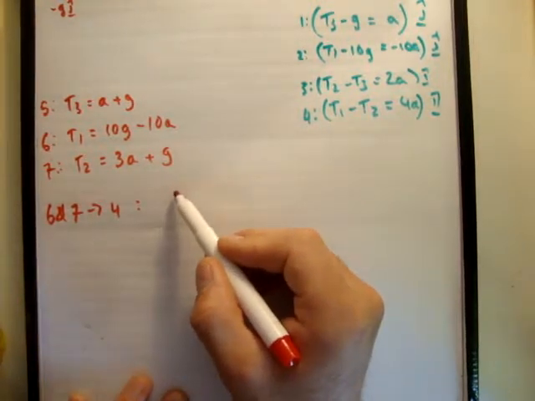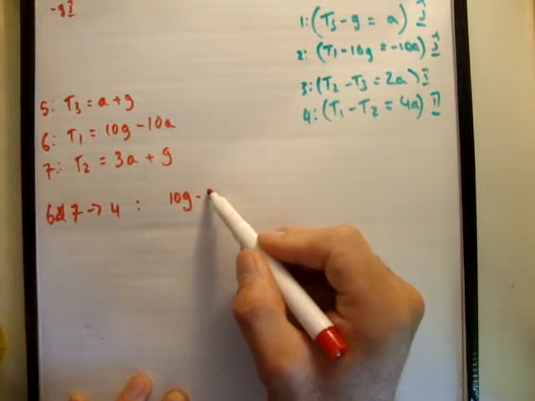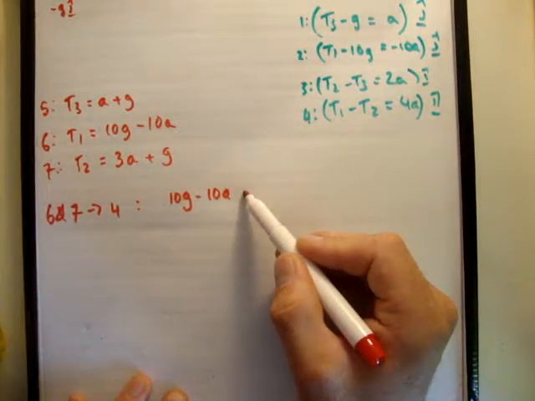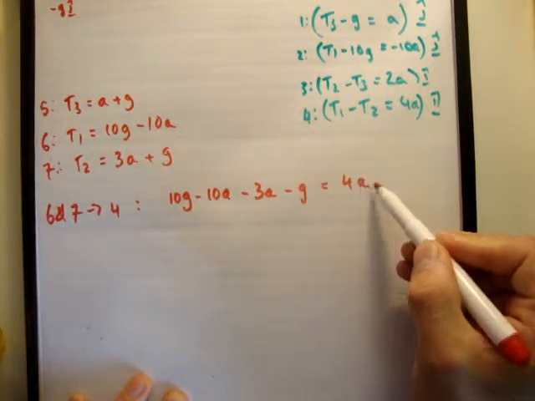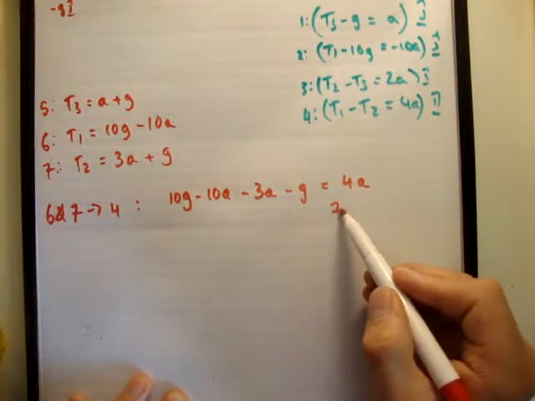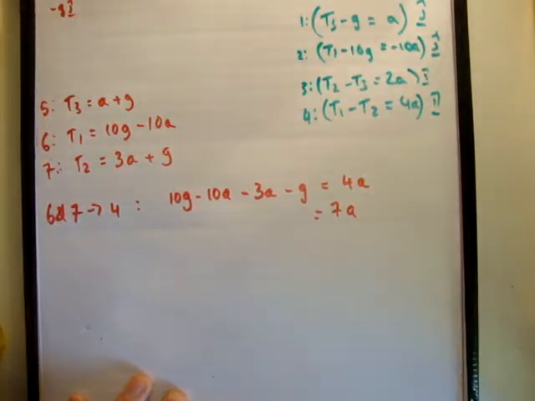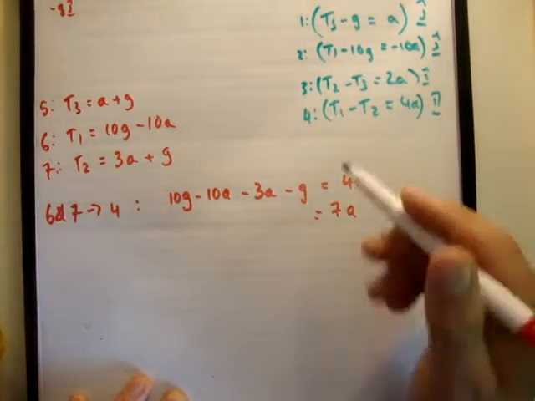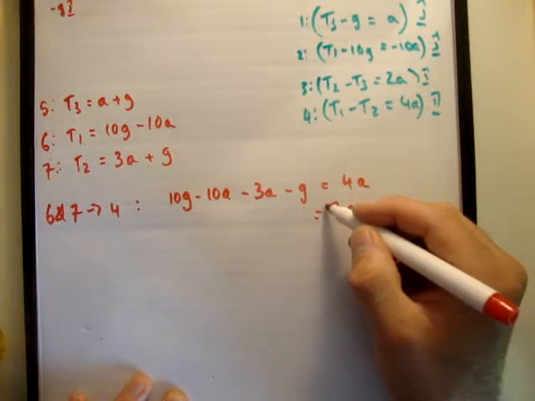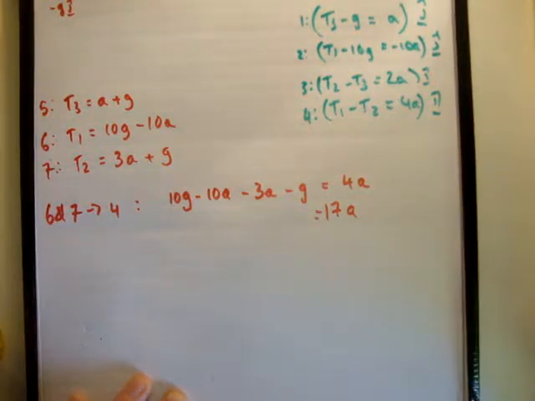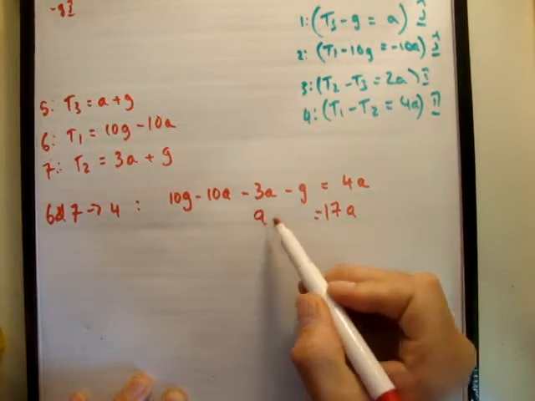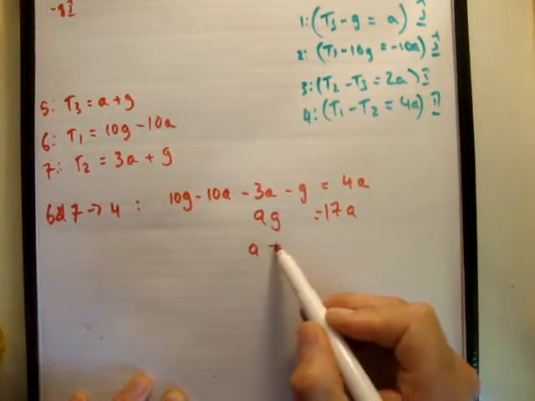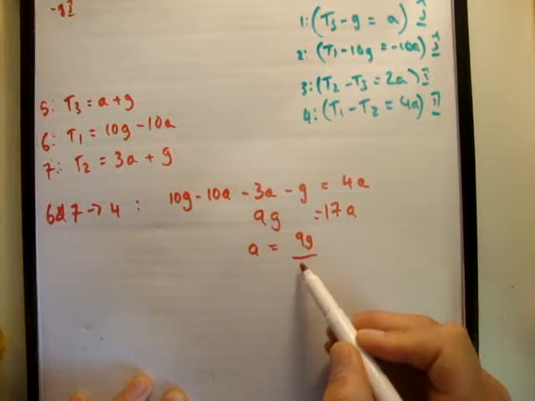You're going to get T1, which is 10G minus 10A, minus 3A minus G, is equal to 4A. So that's 7A over here. No, it's not, it's actually 17A. And here it's going to be 9G. So A is equal to 9G over 17.